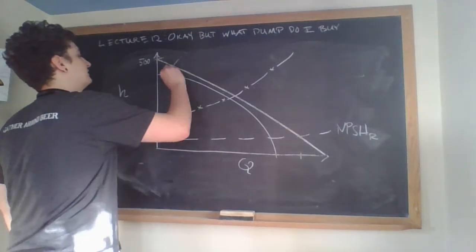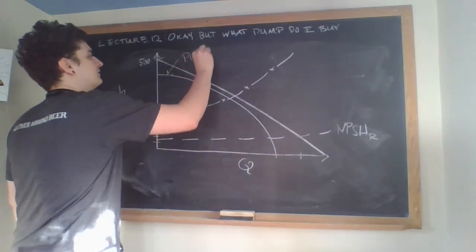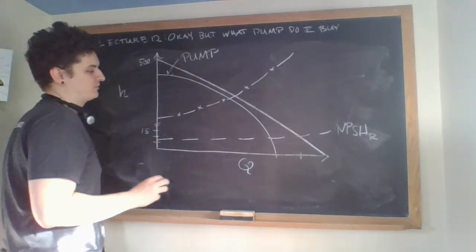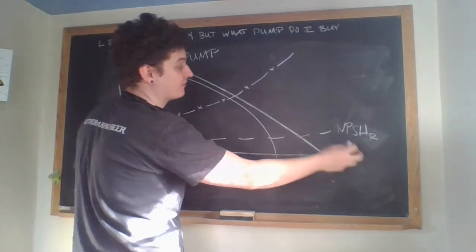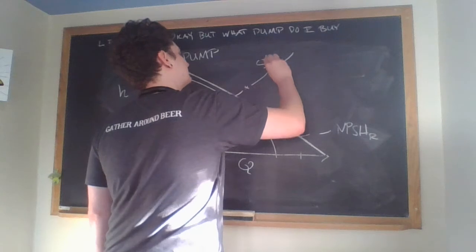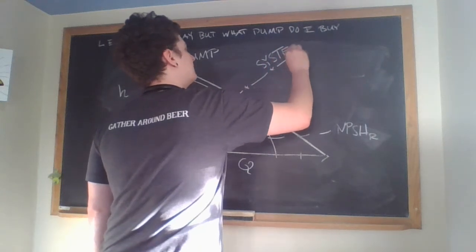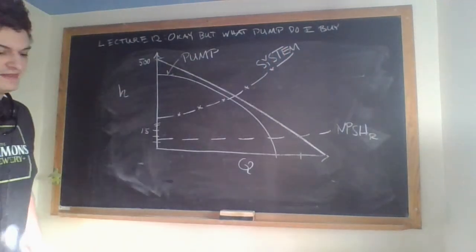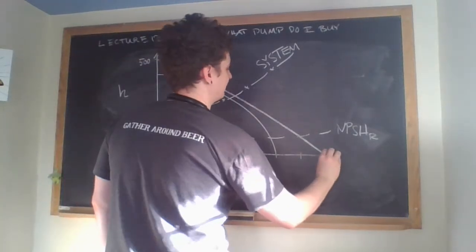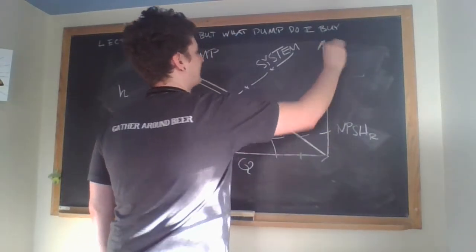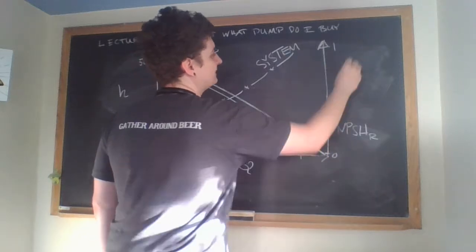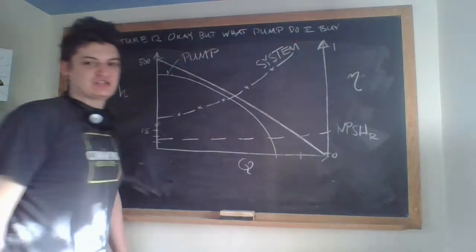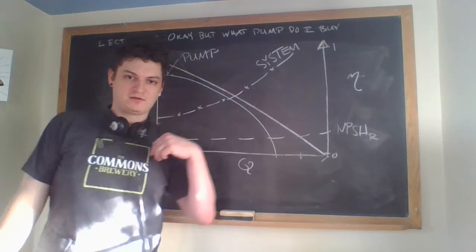So here is my pump performance curve, my non-positive suction head required curve, and then here is, call this, system curve. And then on top of that, if you're not lost enough, there's a second axis right here, which just goes from 0 to 1, right? And this is the efficiency axis right here, okay?